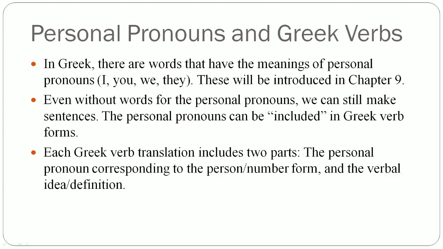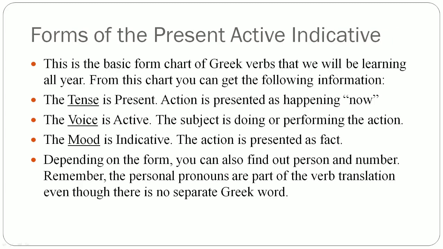But also in the Greek verb, you will also be able to tell the person and number that we are dealing with. Okay, so you will have a subject there even if there is only one Greek word. Okay, the single Greek verb means both a verbal action but also gives you the person and number of the subject. Okay. It might be easier to explain if we have it on the screen.